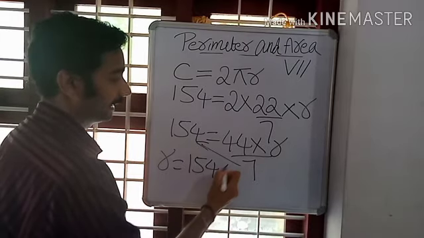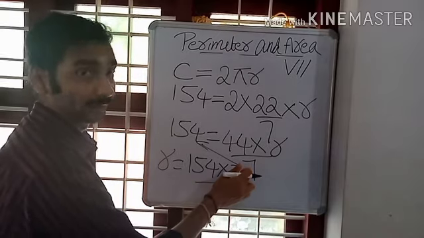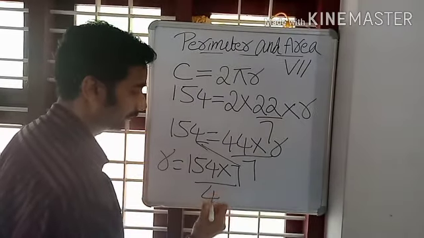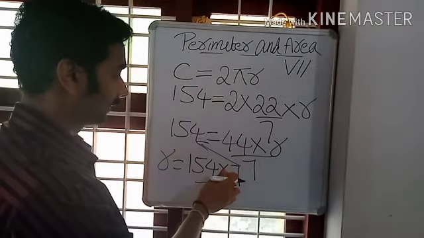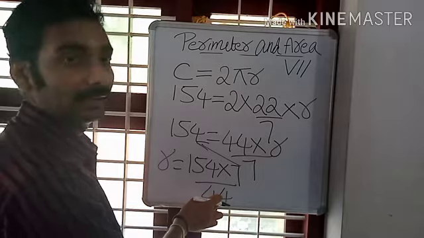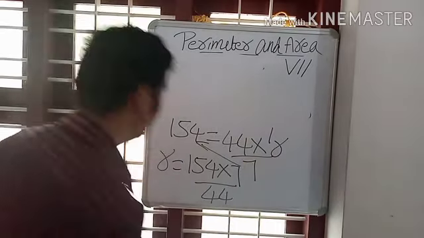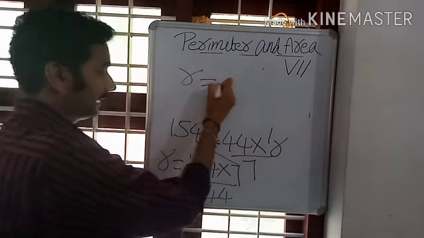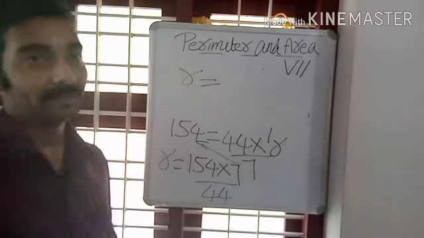154 into 7 divided by 44. Then we find the radius. We convert it into the lowest terms.